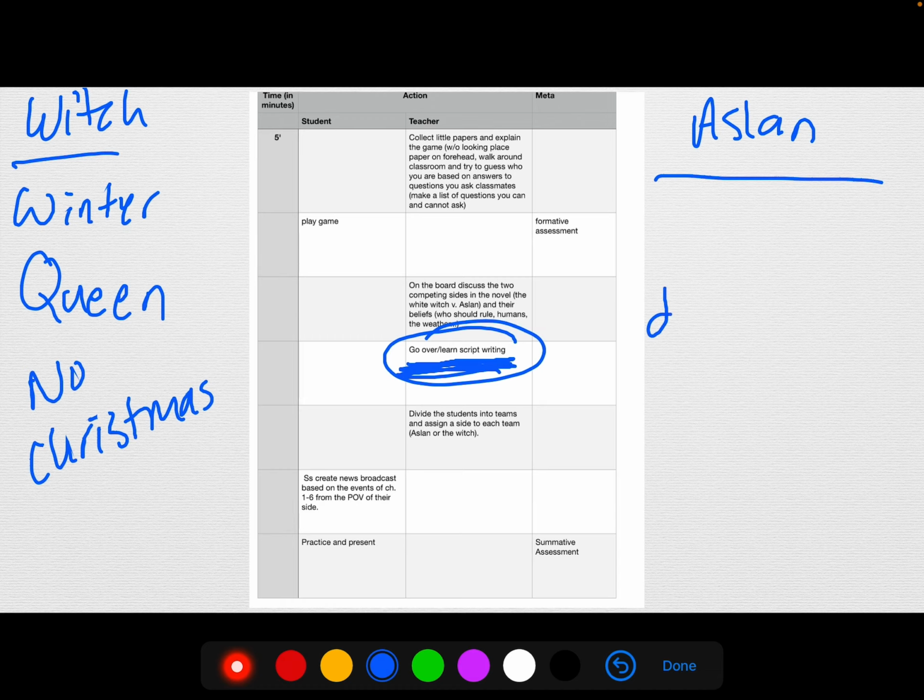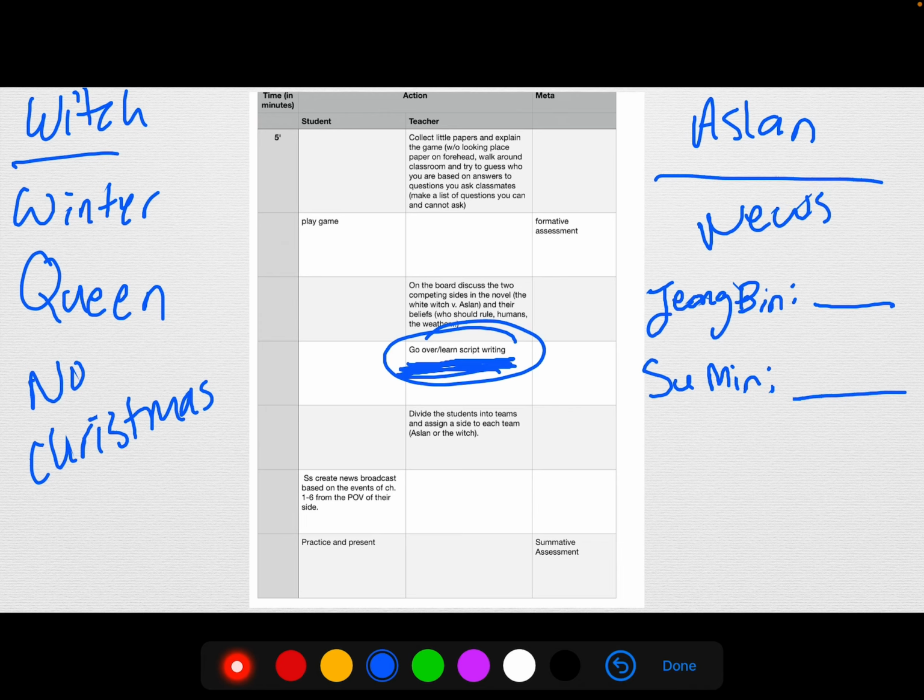So basically, you have the person speaking's name, and then what they say, and then the next person, and then what they say. Now, this is for the news, so they don't need to have any actions. But anyway, if necessary, we'll review that. And even if it's something that we've already done, we'll review it.